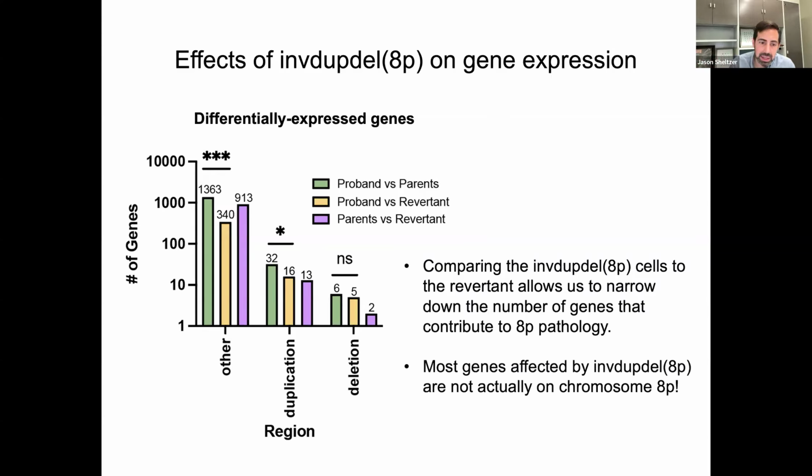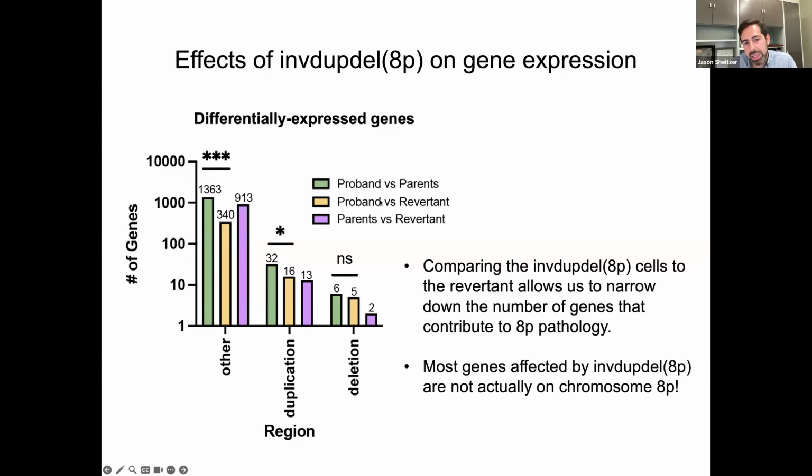The second thing that we found from this is that, maybe surprisingly, most genes that are affected by inversion, duplication, deletion 8p are not actually on chromosome 8p.